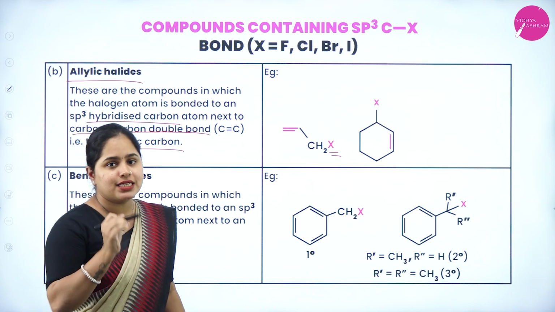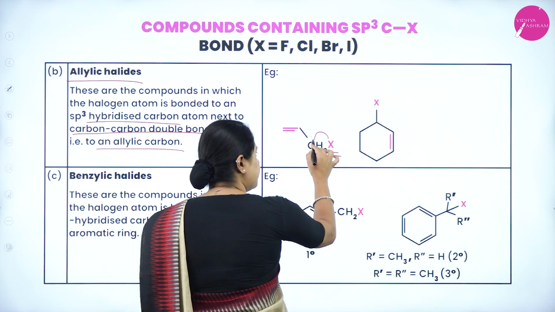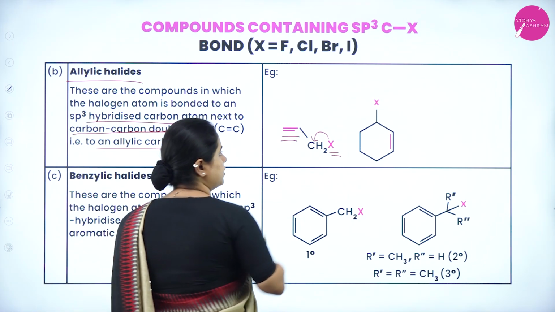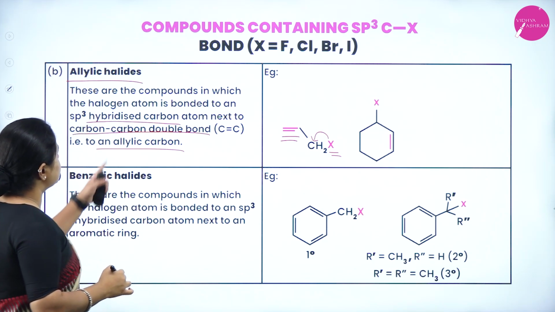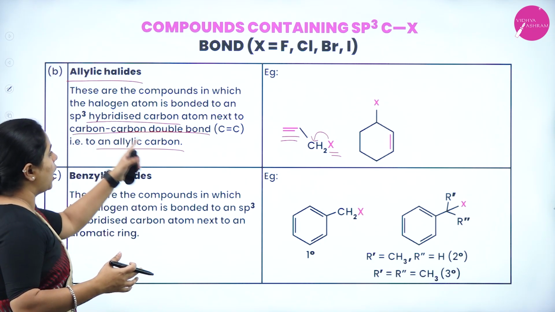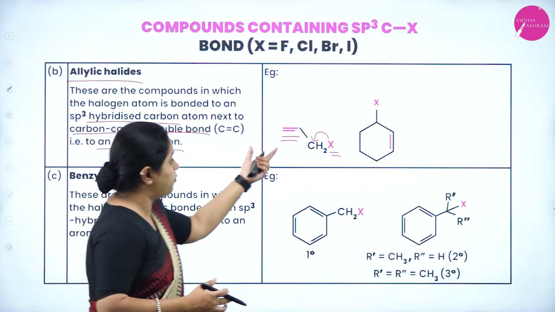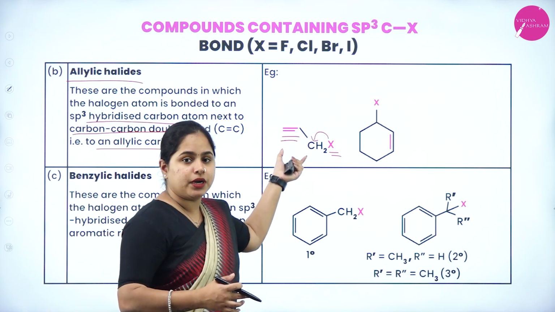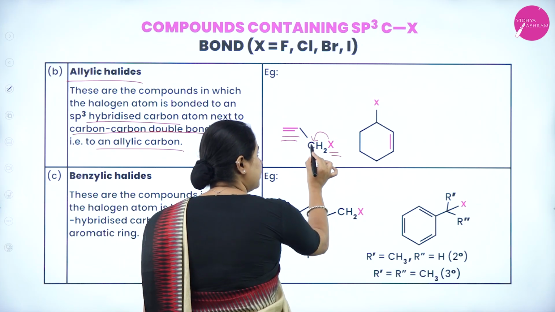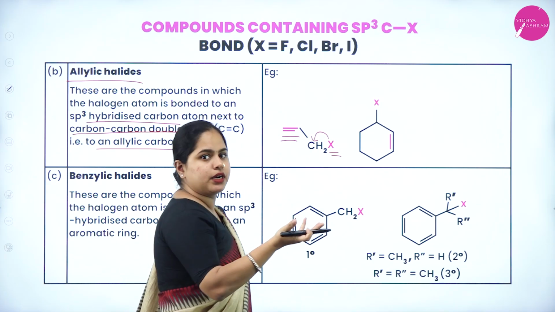The halogen is attached to a carbon which is adjacent to the double bond. It is not directly attached to the carbon-carbon double bond. The halogen is attached to a carbon which is next to a carbon-carbon double bond.